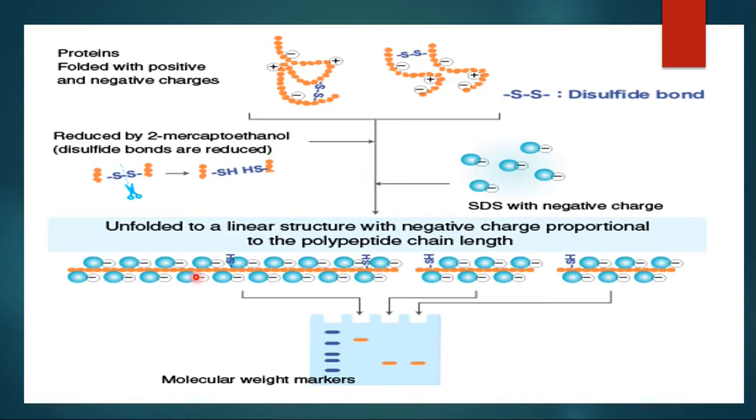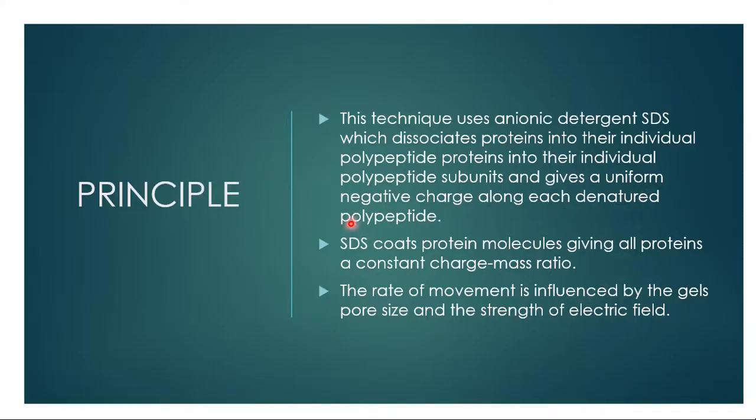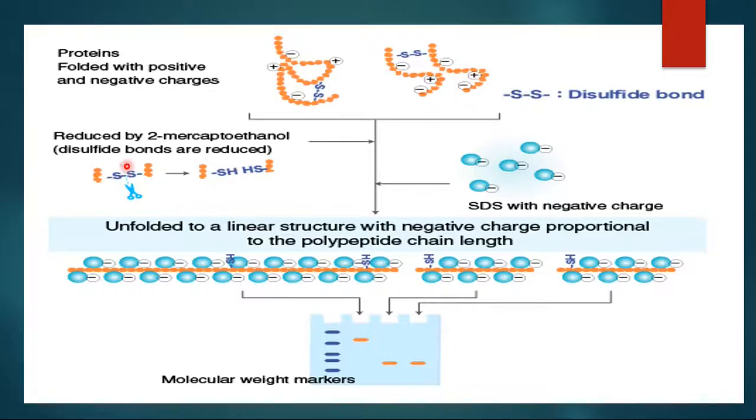SDS coats protein molecules, giving all proteins a constant charge-to-mass ratio. That is also important. All are having negative charge and they are going to have the mass. The rate of movement is influenced by the gel pore size and the strength of the electric field. So these two are also impacting the movement of these molecules.